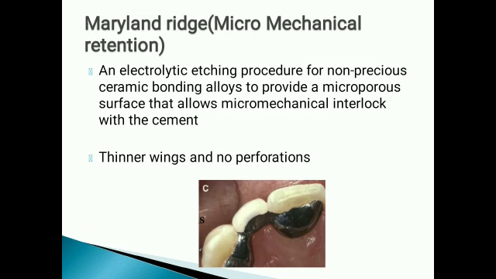Coming to the advantages of non-electrochemical etching, it does not require special equipment. The technique is comparable to more expensive techniques. The process can be fabricated and bonded in two stages.